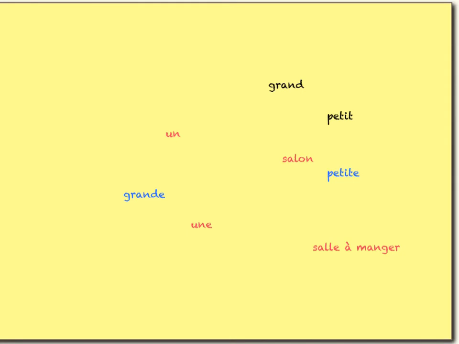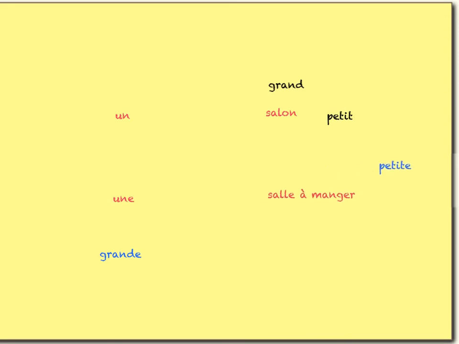You can also give a bit more description. Remember, going back to the masculine and feminine. So we've got un et une. So masculine, un salon, et féminin, une salle à manger. Then these words here I've got are adjectives. These adjectives go in front of the item they describe.